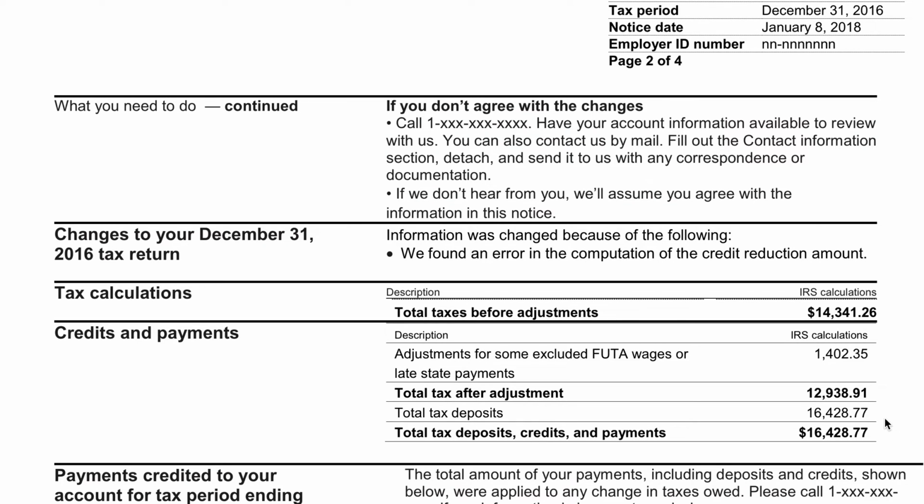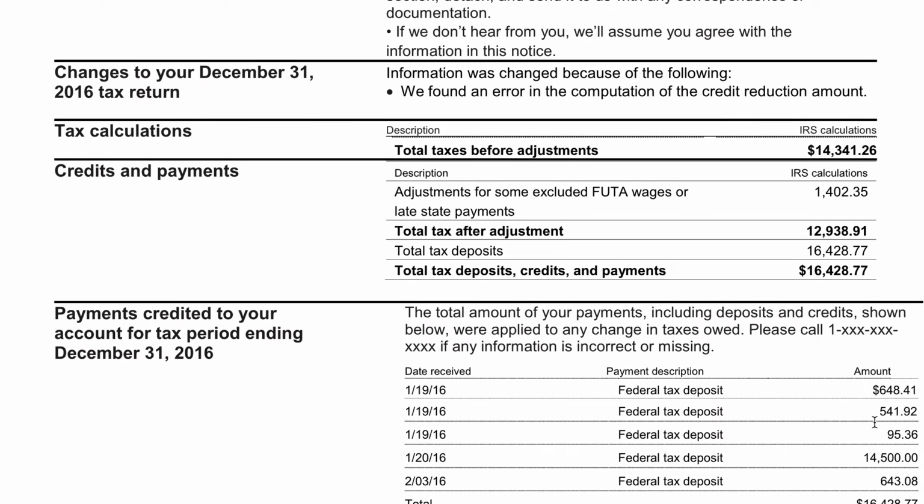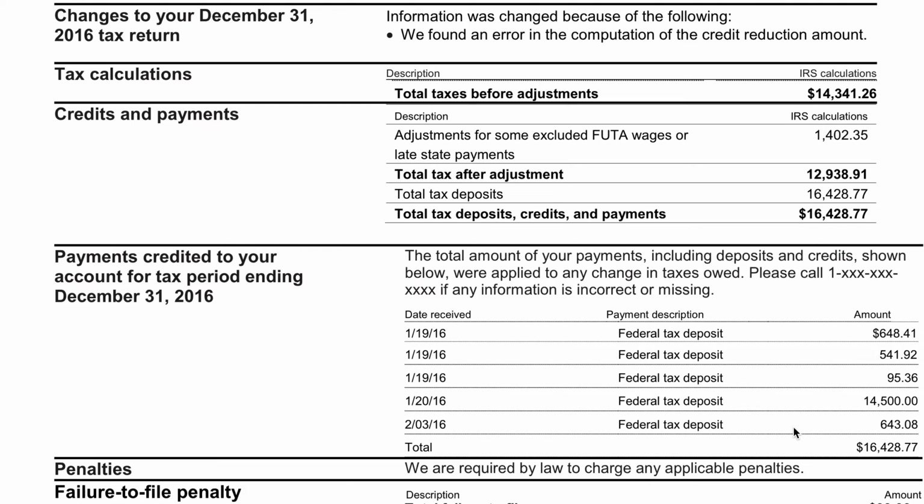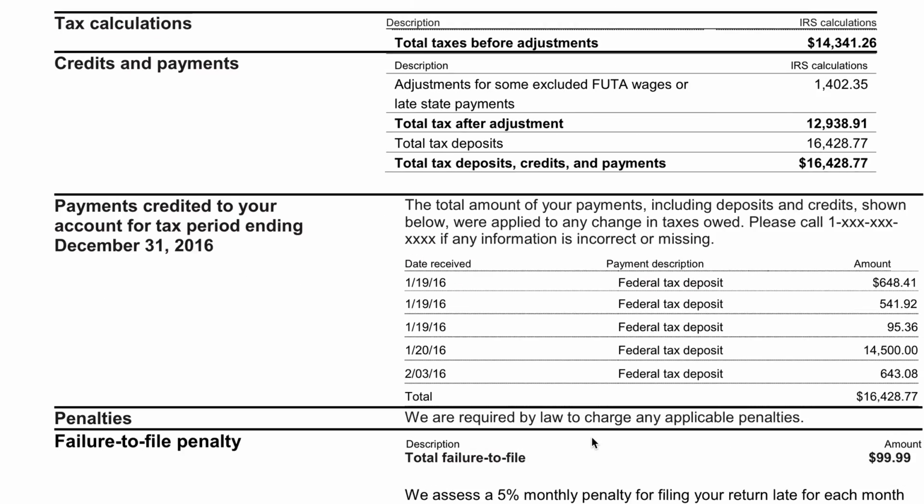Total deposits $16,428.77. This is a breakdown of your tax deposits, where it shows all the different tax deposits that were made during the 2016 tax year.